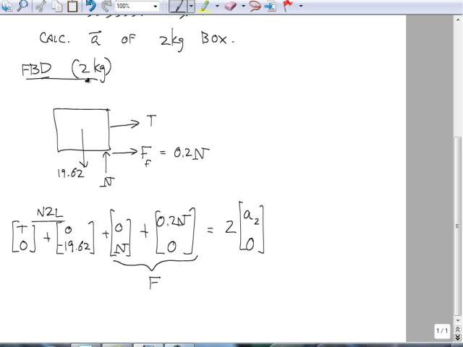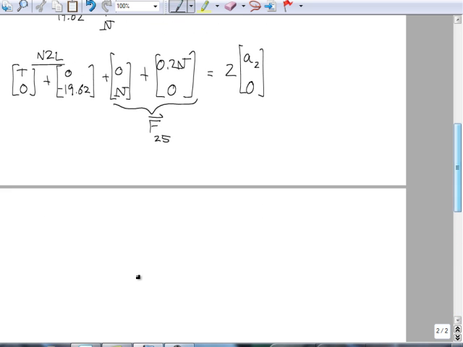So this whole thing together adds up to be our force vector F on 2 by 5. And that means if we later come up with a vector F52, we know that the components have to be equal and opposite to that. Okay.